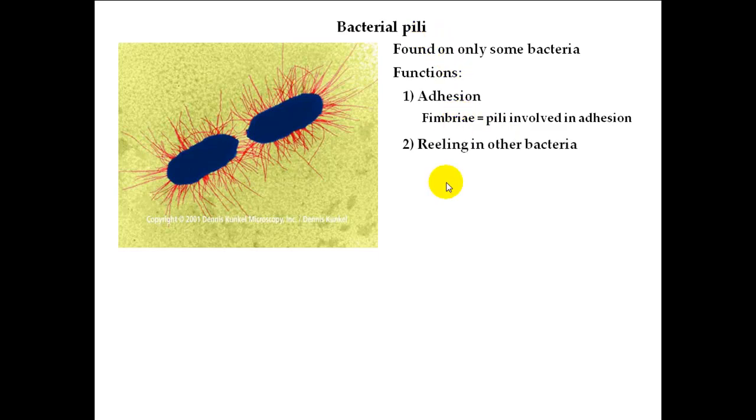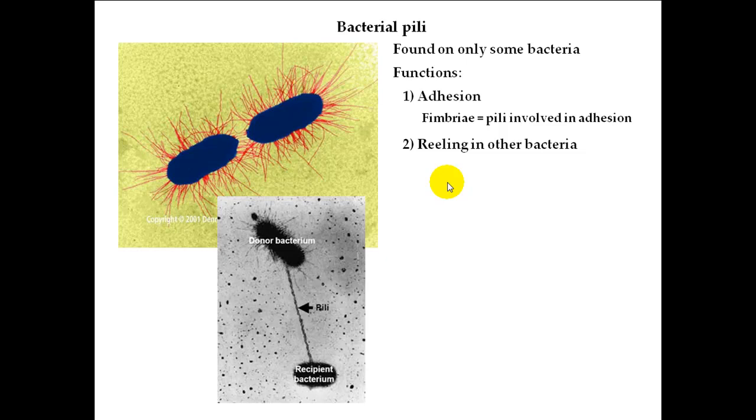There are other types of pili too, so not all pili are fimbriae. There are other types of pili that function to help reel in other bacteria. And so here's a picture of that. Here's a bacterial cell. There are some bacteria that can shoot a pilus off that actually reaches out and grabs another bacterium in the environment for the purpose of bringing that bacterium in. So it reels it in right next to it and actually touches it.